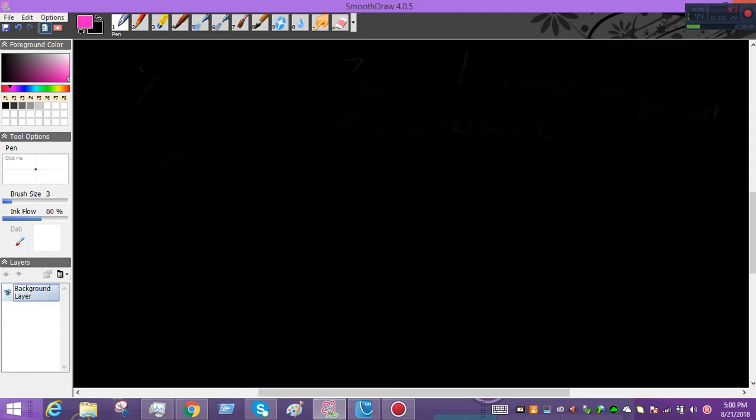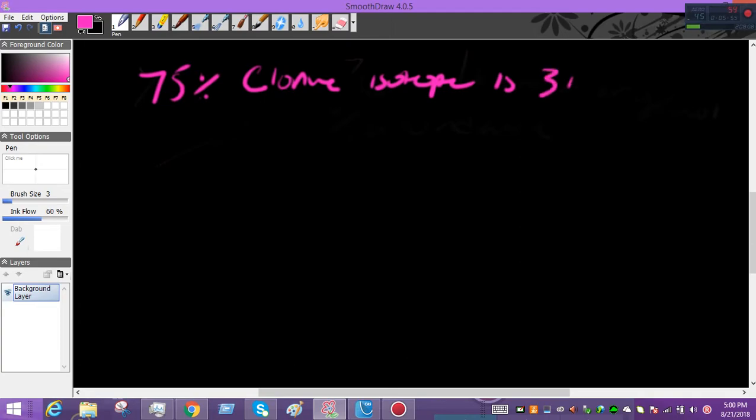Another way that you'll see it worded sometimes is, 75% of a chlorine isotope is, let's just say, 36 grams per mole. What is the remaining 25%, which is all the same isotope?